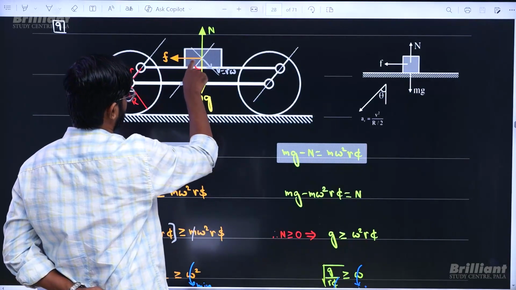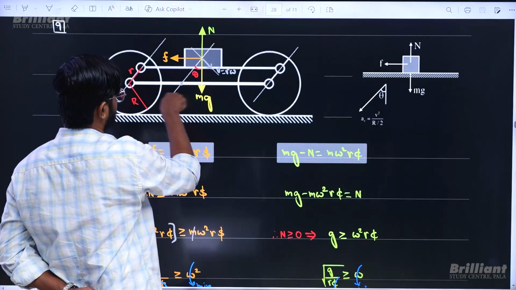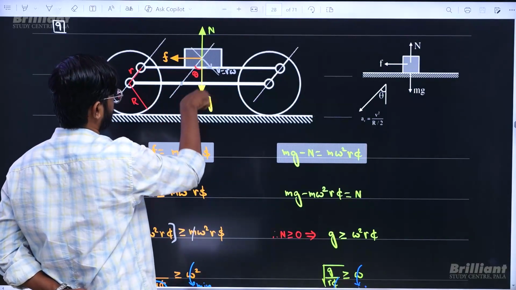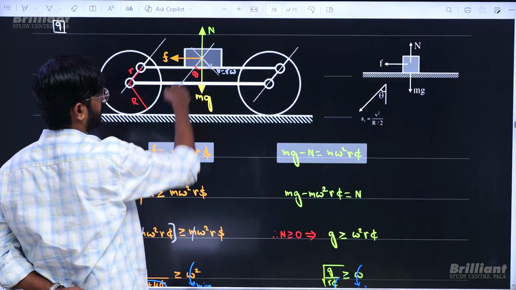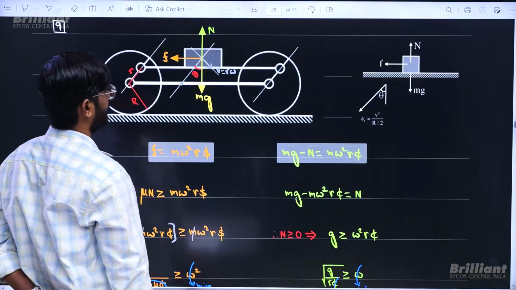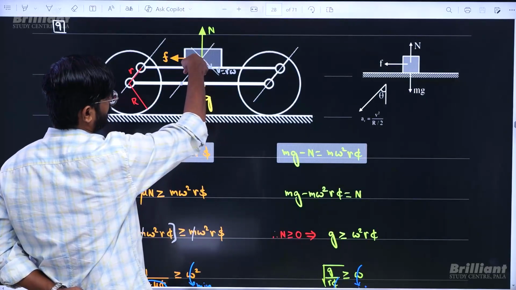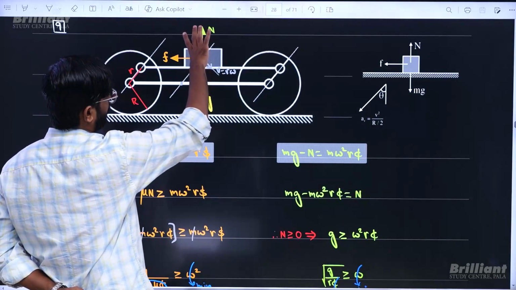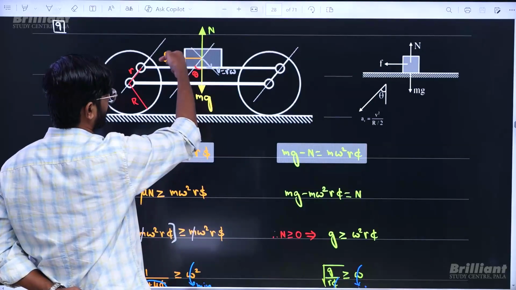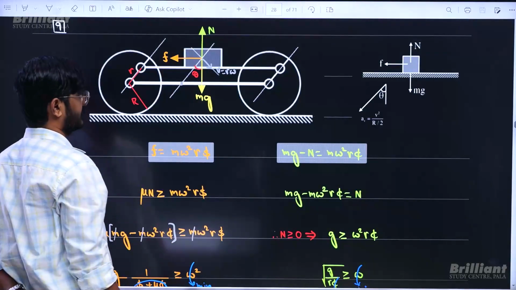As it is performing circular motion of radius capital R by 2, there should be some centripetal force needed. So the centripetal force needed is m omega square times small r. Its vertical component will be provided by the net force in this direction, and its horizontal component by the net force in this direction.